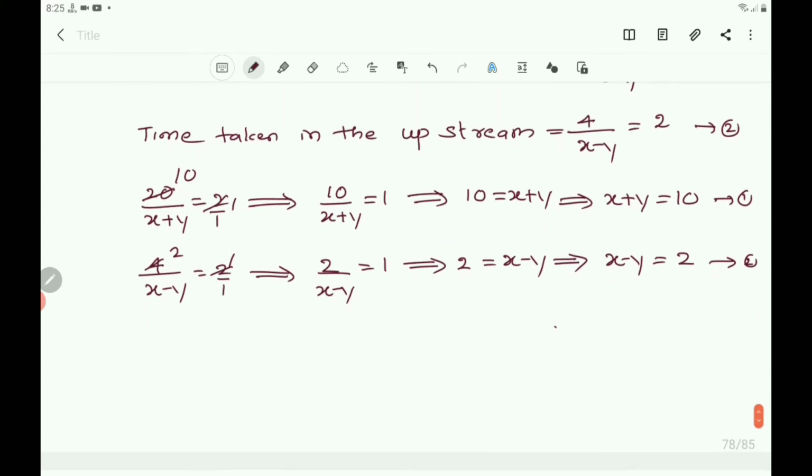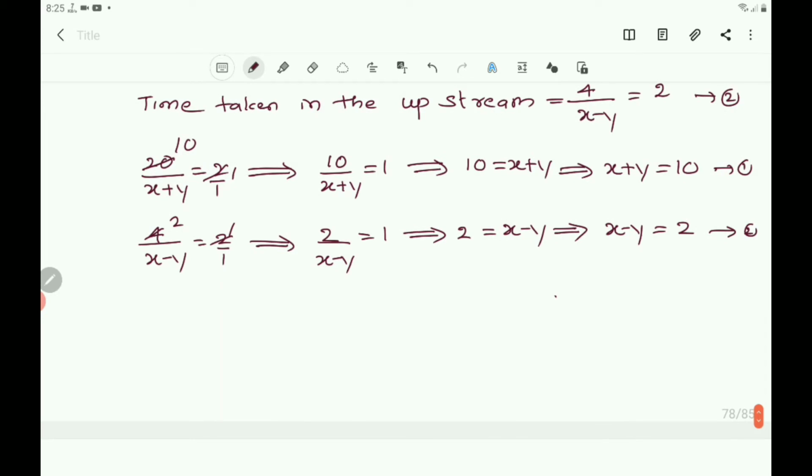Now take them one below the other as a pair of equations in two variables: x plus y equals 10 and x minus y equals 2. This is the first one, this is the second one. Now try to eliminate one of the variables.